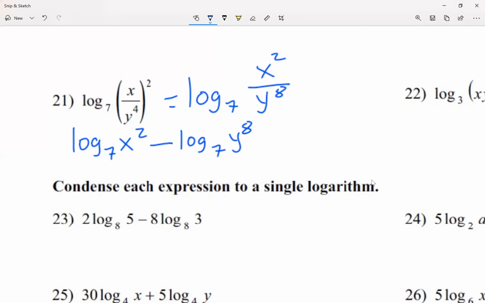Now I split it as a minus because it was division. And then any exponent, bring them to the front. So let me rewrite this, let me do red so we don't get confused, 2 log base 7 of x minus 8 log base 7 of y. That's it.